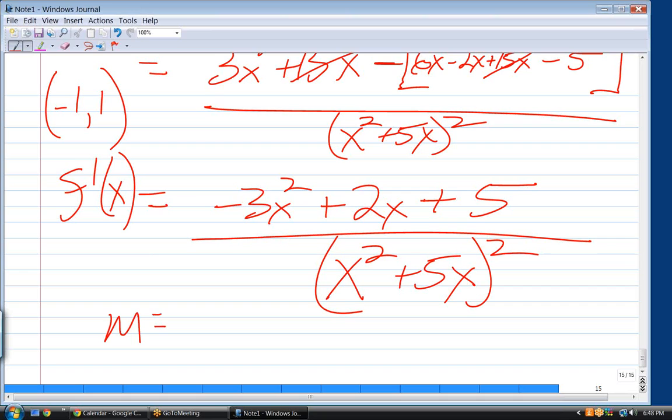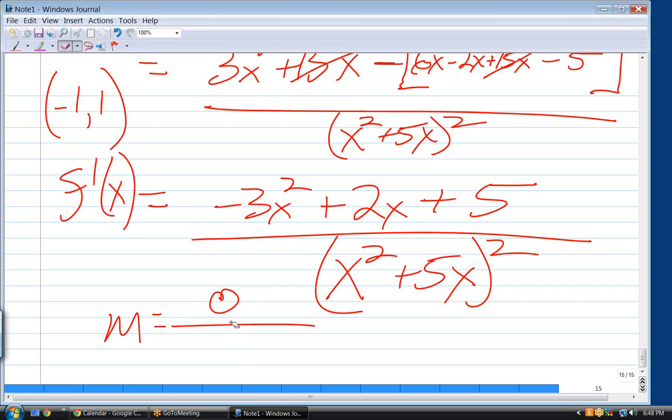Isn't it 0? Yes, 0 over whatever, right? You plugged in -1 for x, and you got 0 in the numerator. So I don't really care what the denominator is. My slope of the tangent line is 0, horizontal. Correct? I could plug in -1 in the bottom, but I don't need to. Whatever number I come up with, my slope is still going to be 0.